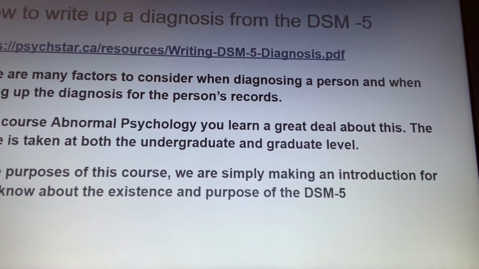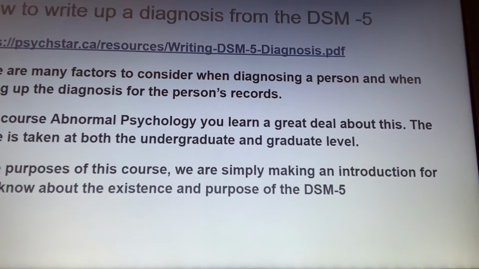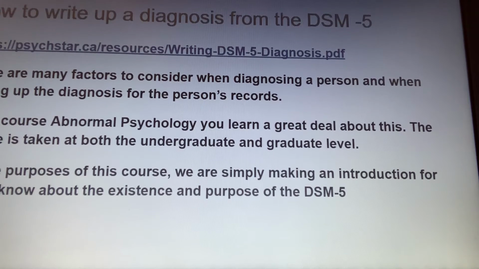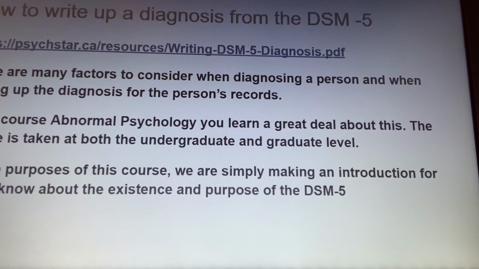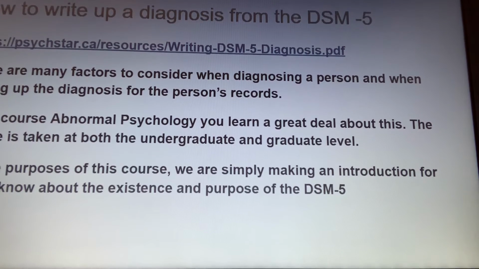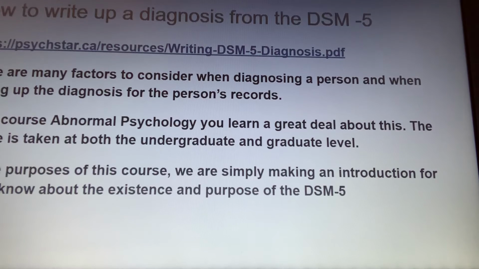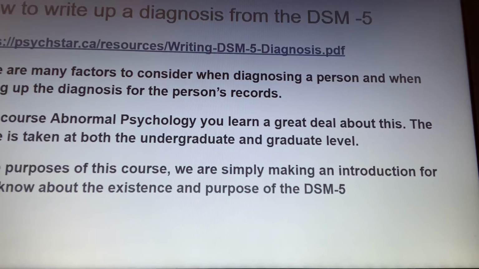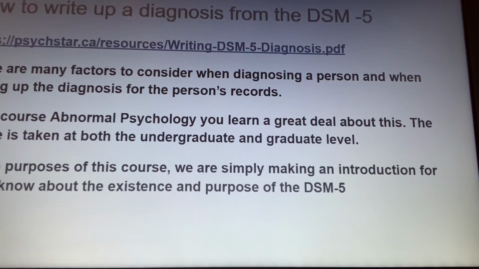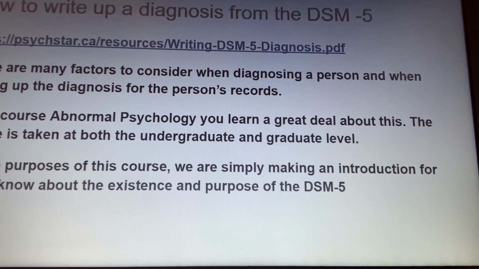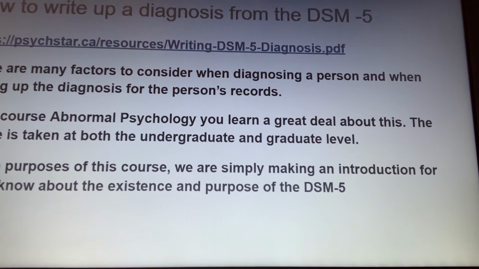So, writing up a diagnosis from the DSM-5, we are not going to spend a lot of time on this. You will cover it at different times, and then you will be specifically trained wherever you work. If you're at a license level where you're diagnosing, you will have training as part of your orientation with your agency as to how to do this.